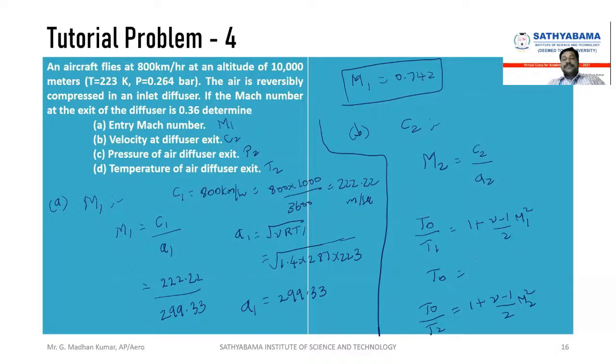So 1 plus gamma minus 1 by 2, that is 0.2, and then M1 square. What is your M1 square? Mach number is 0.742 whole square, into T1. So T1 is 222. Now find the value of stagnation temperature, T0.